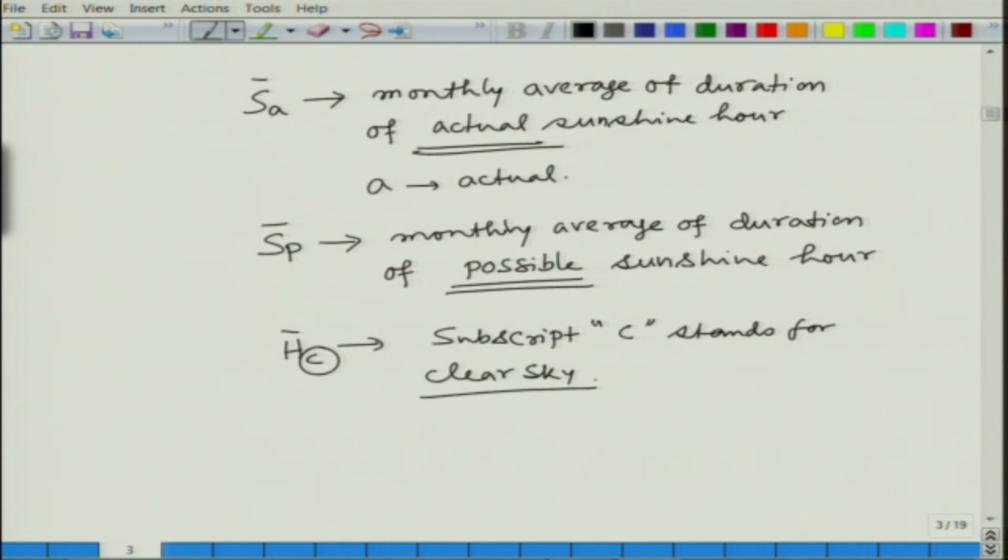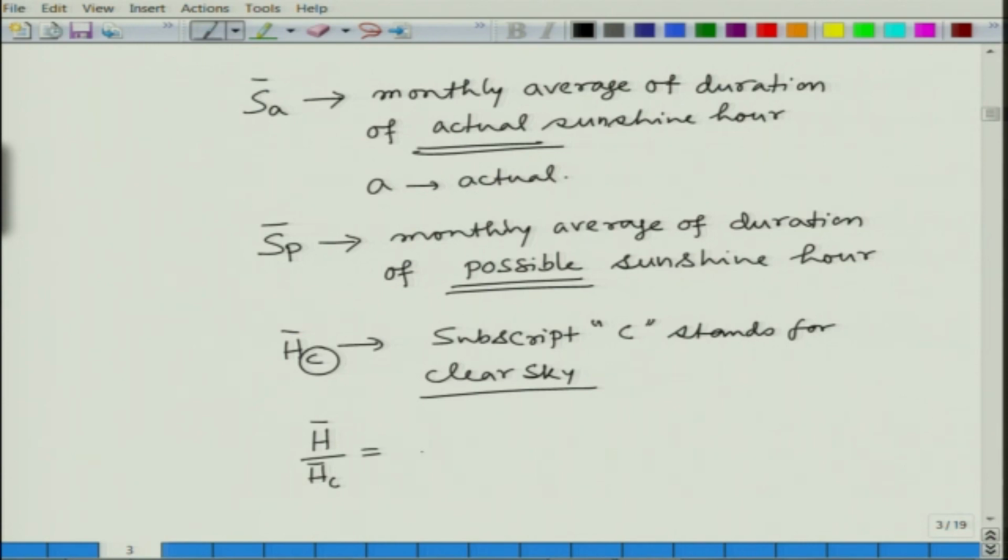So, whatever monthly average we are taking, HC bar, that is taken at the clear sky condition. So, that assumption is being represented through that subscript C. So, what is given and what we want to know?